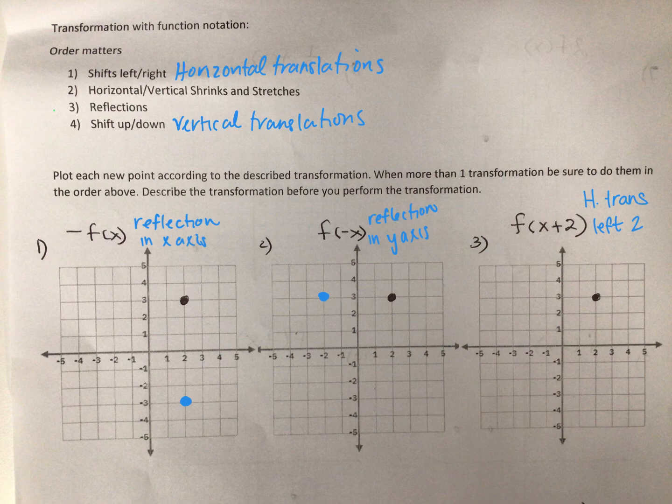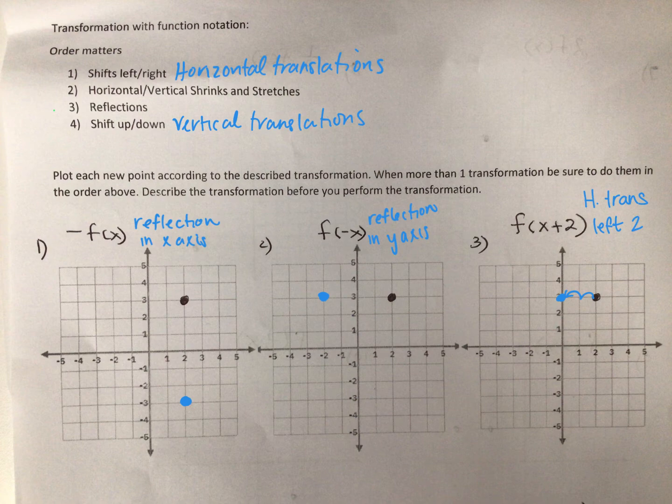So if I'm going to move these 2 to the left, this is going to go where? 0, 3, right? 2 units to the left. Why are you going to the left and not to the right?